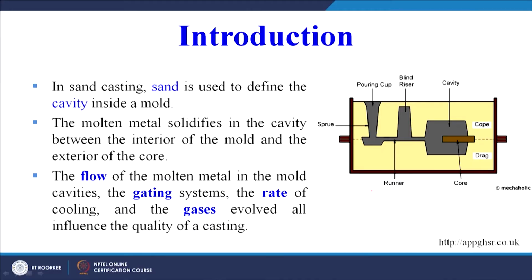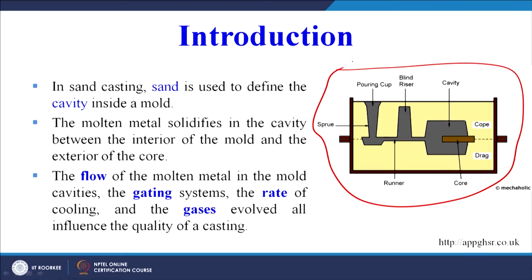So let us now quickly see what is a sand casting process. This has already been discussed in the first week of our course, but again we will come back to this diagram which is given here. So this is basically a sand casting setup or an apparatus. It starts with the pouring cup.